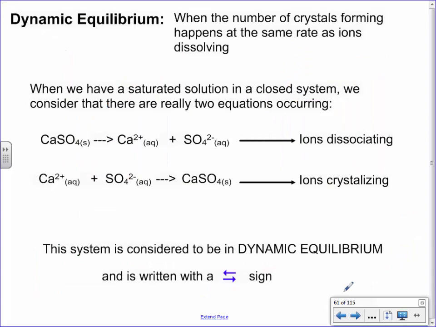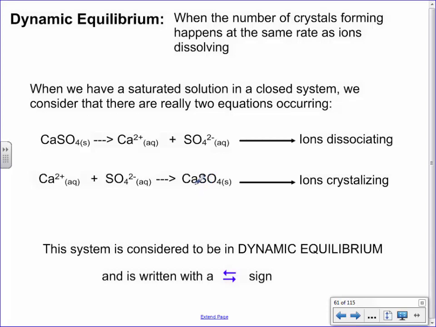And so you might see this. I don't believe I'm testing you on this, but I want you to be aware that it's actually possible to have two things happening at once. Here's a dissociation equation. Here's calcium sulfate breaking up into two pieces. But somewhere else in the beaker, you might have the two pieces recrystallizing back together. You'll never see anything happening because all you see is some sludge on the bottom.